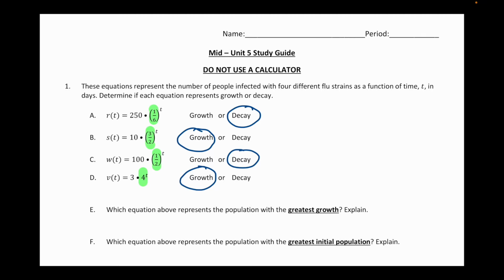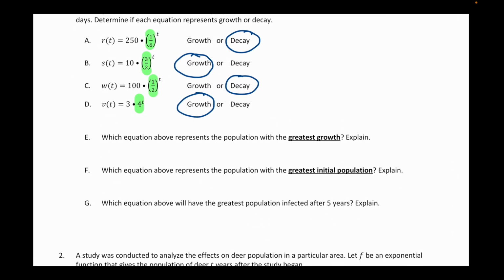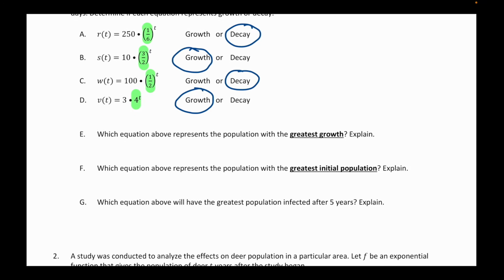Now for part E of this question, we want to know which equation represents the population with the greatest growth, and then explain. The one with the greatest growth is going to be the one with the largest growth factor. So I would say V of t, because 4 is the largest number for the growth factor.